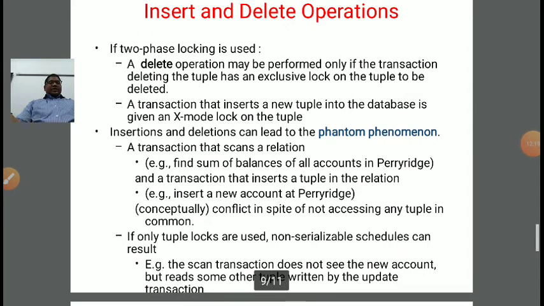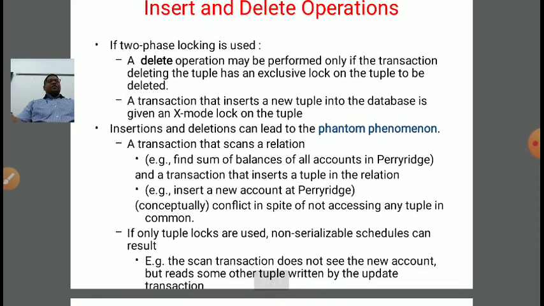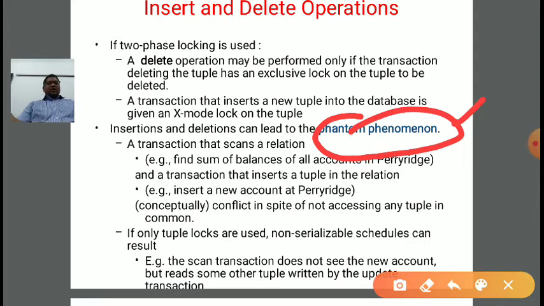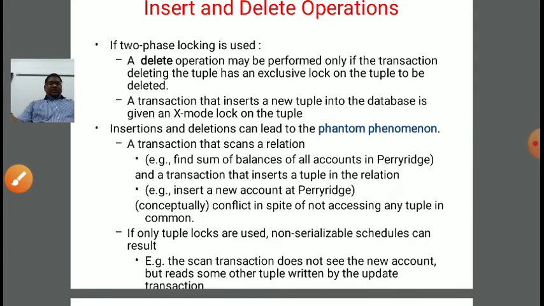Now insertion and deletion can lead to the phantom phenomenon. This is a very important concept, the phantom phenomenon. What is the meaning of this? A transaction that scans a relation, for example, finds the sum of balances of all accounts in the Perryridge branch, and a transaction that inserts a tuple in the relation, say a new account at the Perryridge branch, conflict conceptually in spite of not accessing any tuple in common.